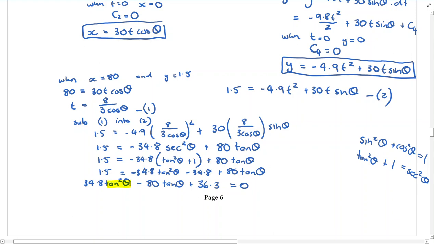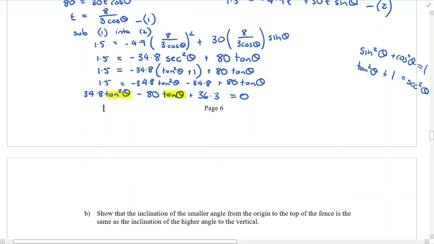I have a tan squared, a tan, and a constant. So I can use the quadratic formula. I told you I had to save room here. You can use the quadratic formula to find tan theta. So tan theta equals, so you're treating the tan theta like an x.